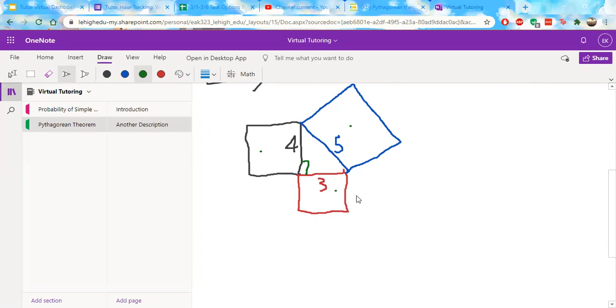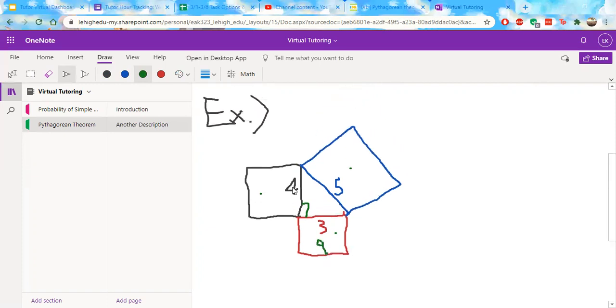All right. So the area is 9. All right. In this one, the area is 4 times 4, another side length. That makes it 16. And then as I'm sure you can see where I'm going with this, the area of this is 5 times 5, the two side lengths, and that's 25.